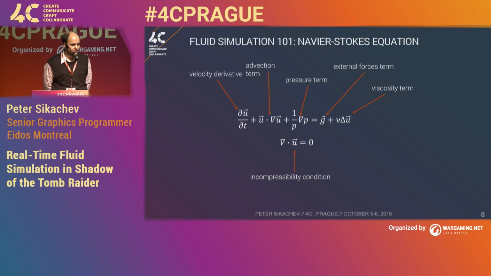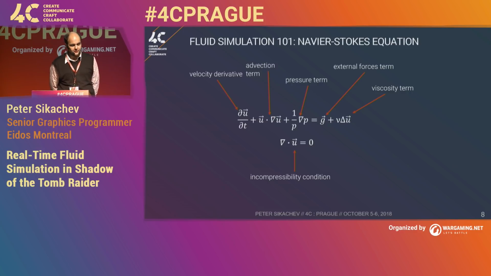The first member you see on the left is basically the velocity derivative. Next to it is the advection term. It means how the properties, including the velocity itself, are moved with the fluid. Then the next is the pressure term, which is how the velocity is changed due to pressure.